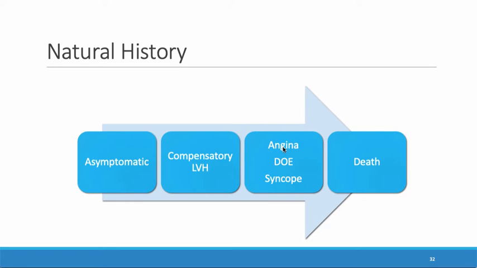Angina, that is chest discomfort with exertion. We talked about that before. Dyspnea on exertion, or dizziness, lightheadedness, passing out, those kinds of things. These are the things that happen when not enough blood gets out of the ventricle because of aortic stenosis.